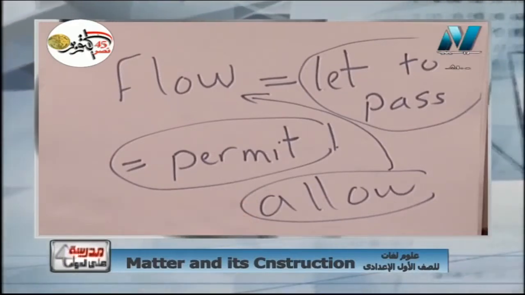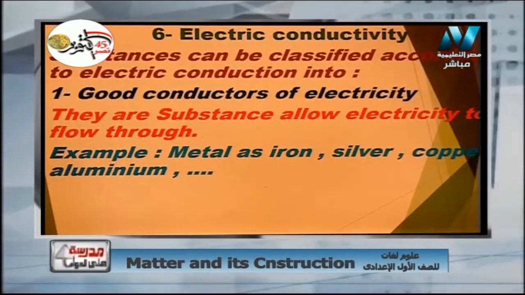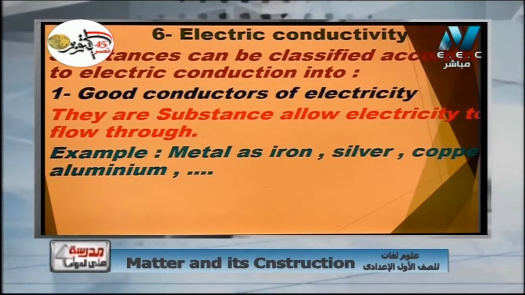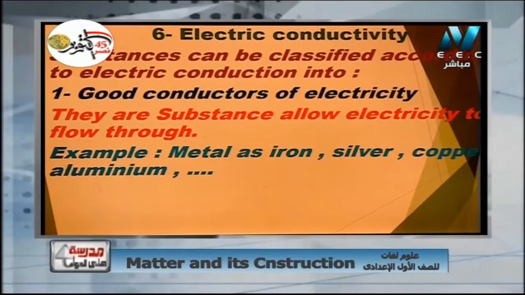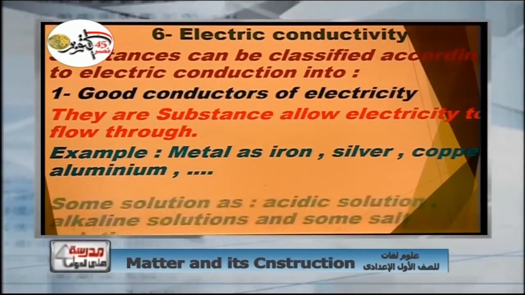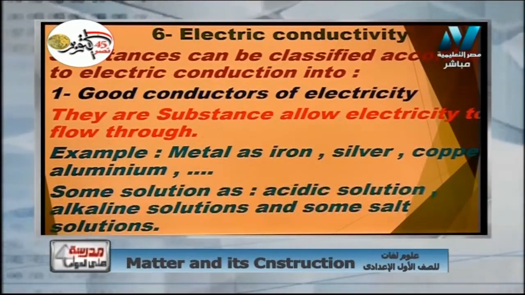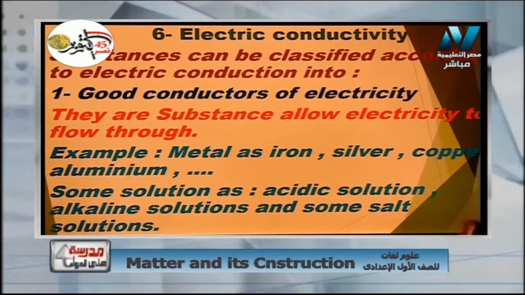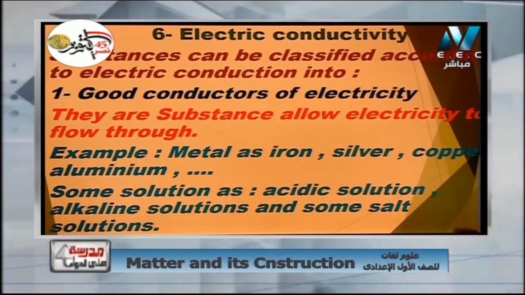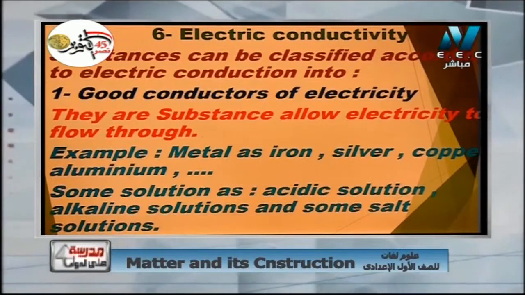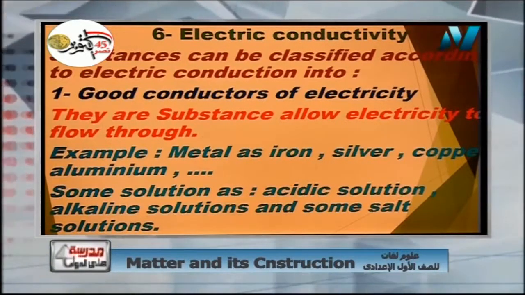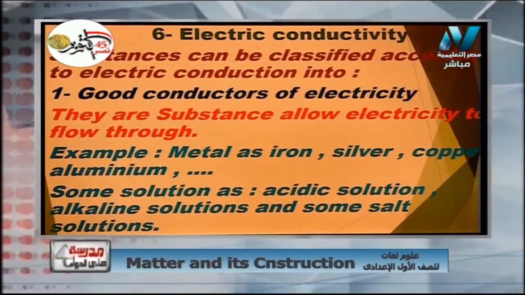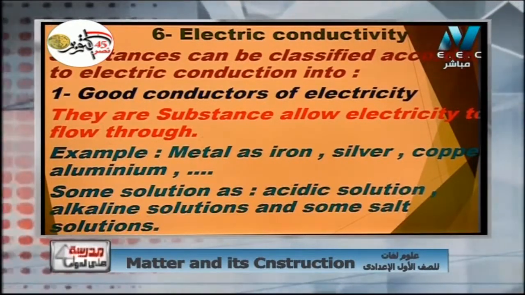Examples, number 1, metals, as what? Iron, silver, copper, aluminum, gold, and so on. And we have some solutions. Solution means something is dissolved in water, as acidic solution like lemon in water, alkaline solution, and some salt solution.